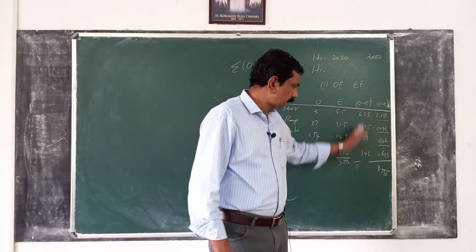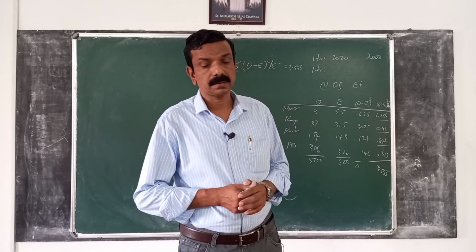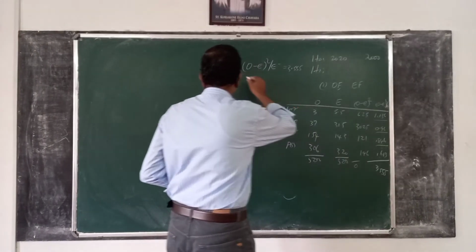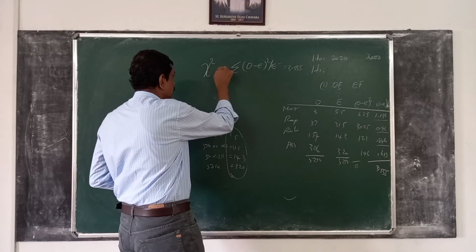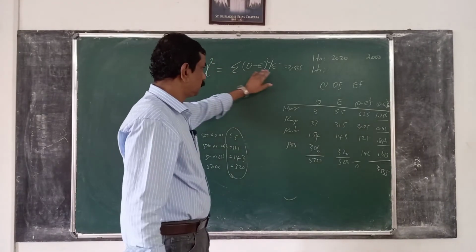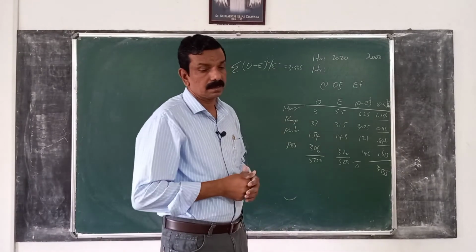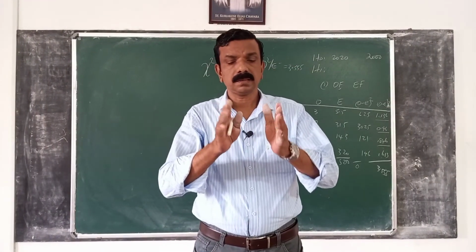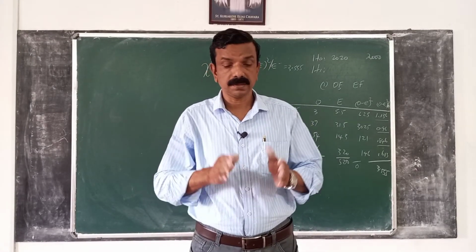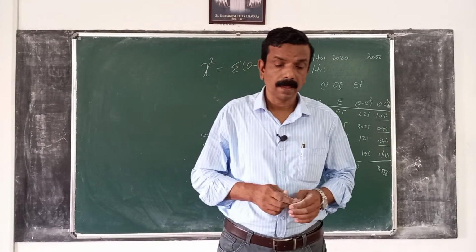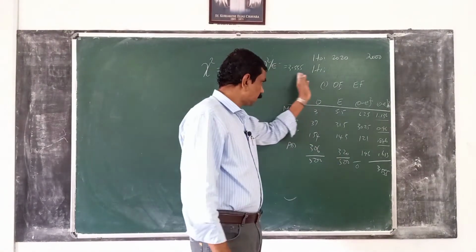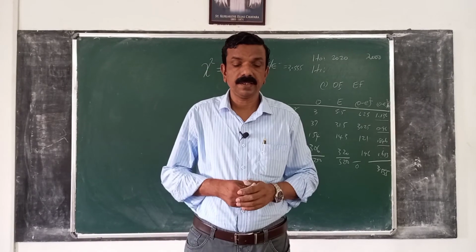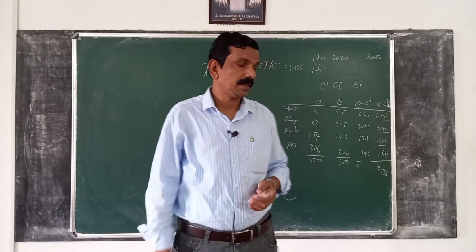To determine this, we use what is known as the chi-square goodness of fit. This quantity is chi-square, sigma (O minus E) squared by E, as we have discussed in the previous class. This quantity has a chi-square distribution if H0 is true, and the degrees of freedom is 1 less than the number of possible values of the variable.